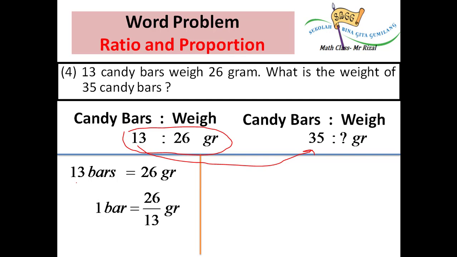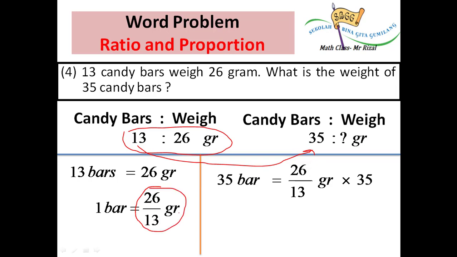So if 13 bars equal 26 grams, then 1 bar is 26 divided by 13. Okay? What's the question? The question is 35 candy bars. So 35 candy bars equal to 26, this number you just copy to here.